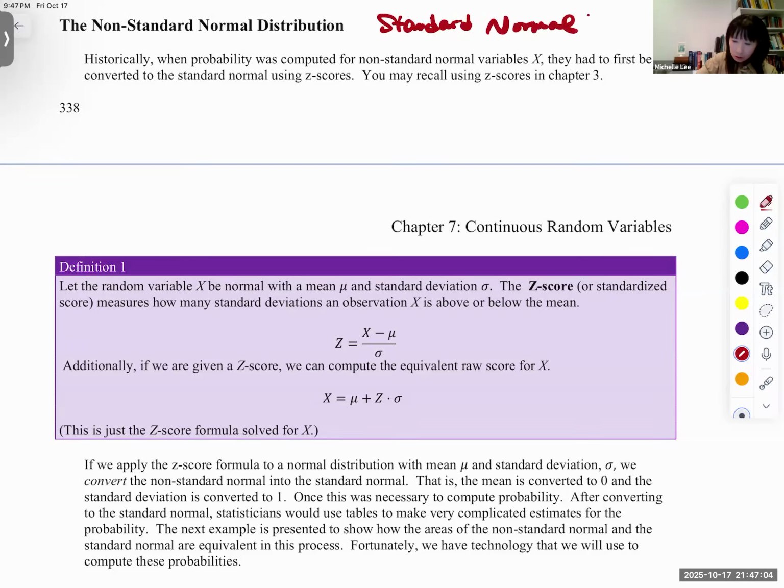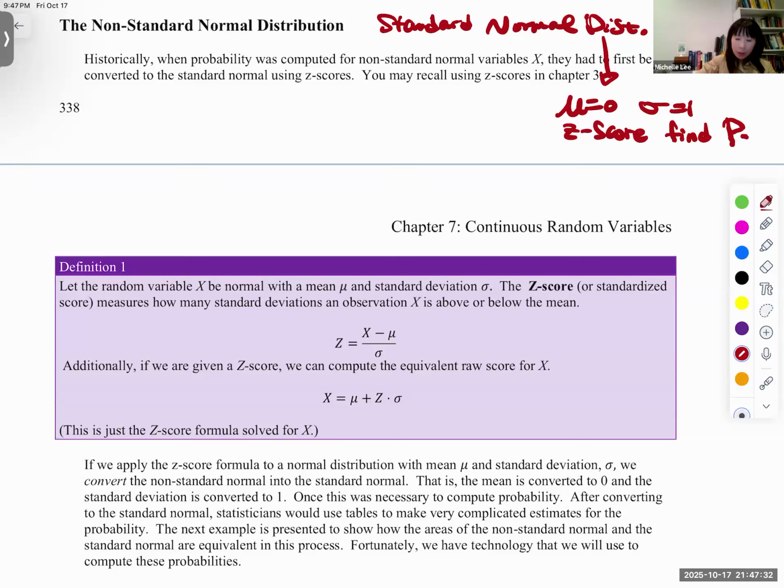So we are using mu equal to 0, sigma equal to 1. Then we are finding the z-score, or the z-score is given. And then we are finding the probability, right? We did that earlier, right?